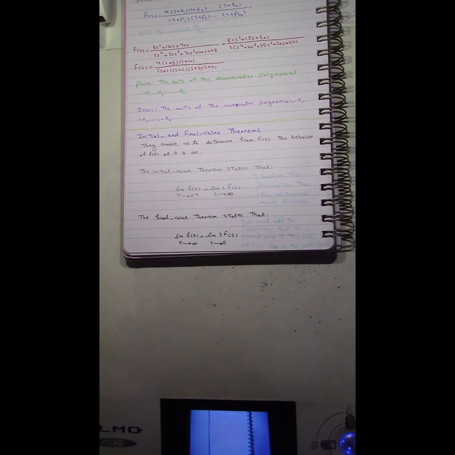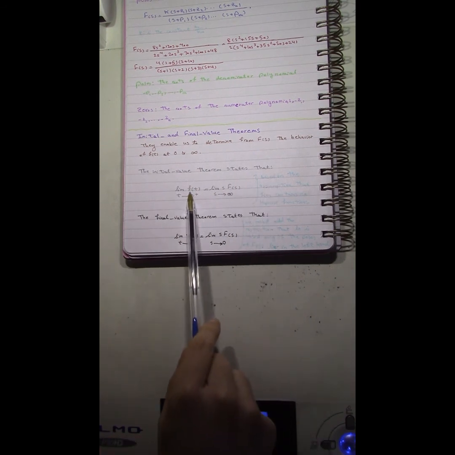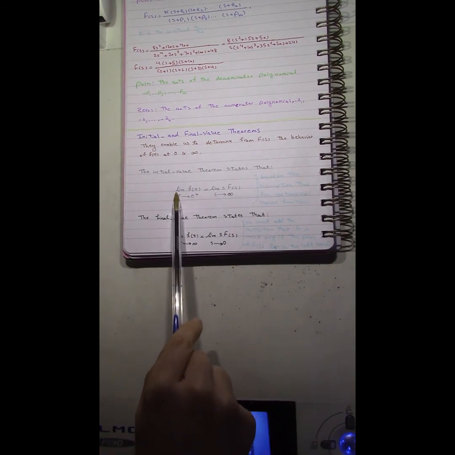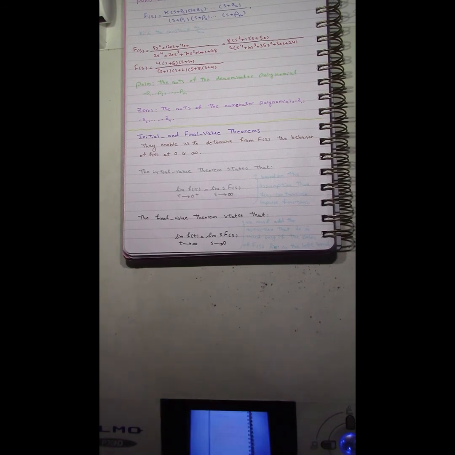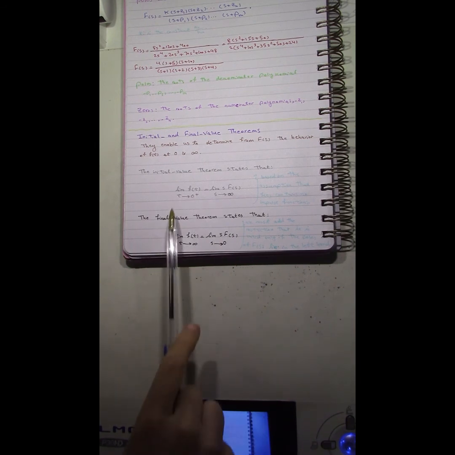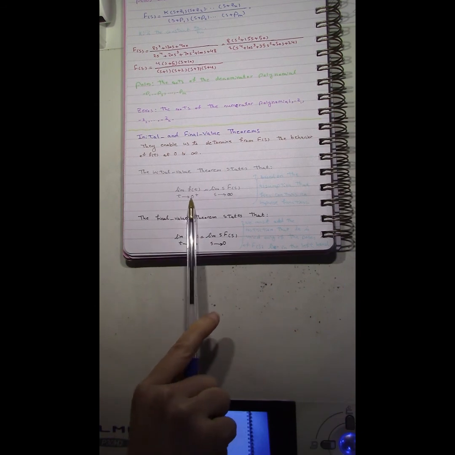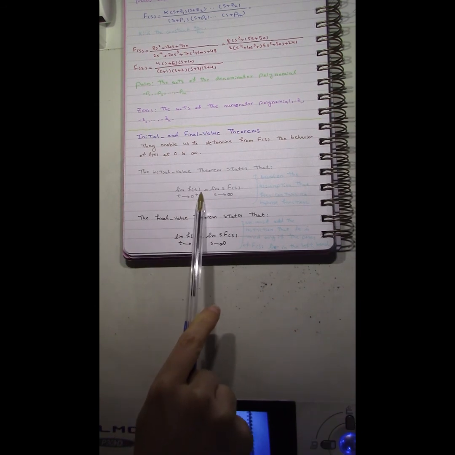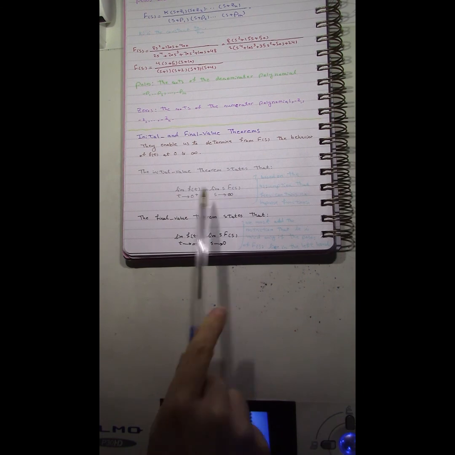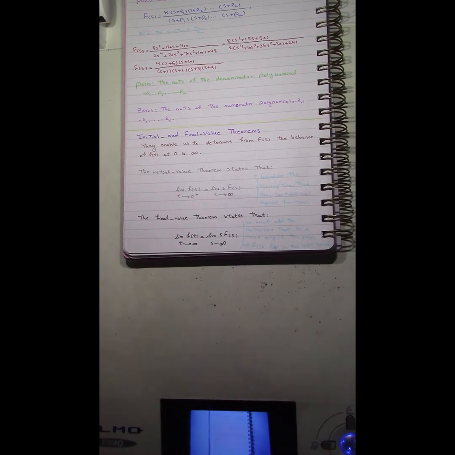We have two terms over here. One is called the initial value and another one the final value. The initial value theorem states that the limit of f of t in the time domain as t approaches 0 positive is equal to the limit of s times F of s in the s domain as s approaches infinity.